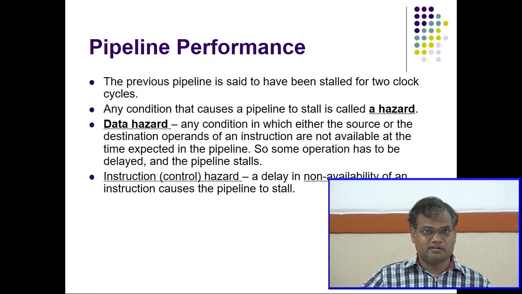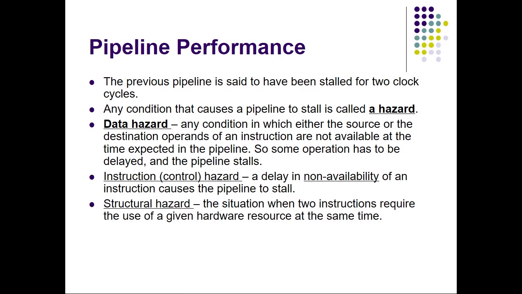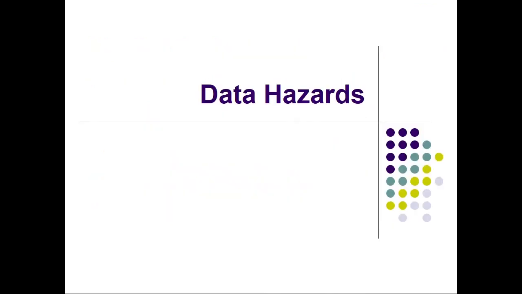One is called data hazard, if there is a dependency between the data accesses. Then we have instruction hazard, if there is no continuous flow of instructions because of cache miss or others. And at the end we have structural hazard, if 2 operations need the same hardware, because we have only a single hardware for that operation, so only one will be allowed. Now we will be talking about them in detail.